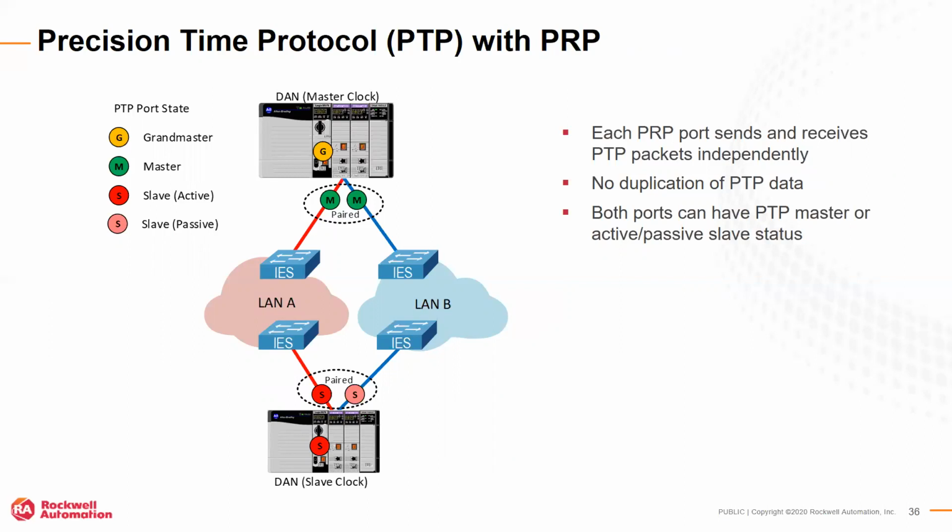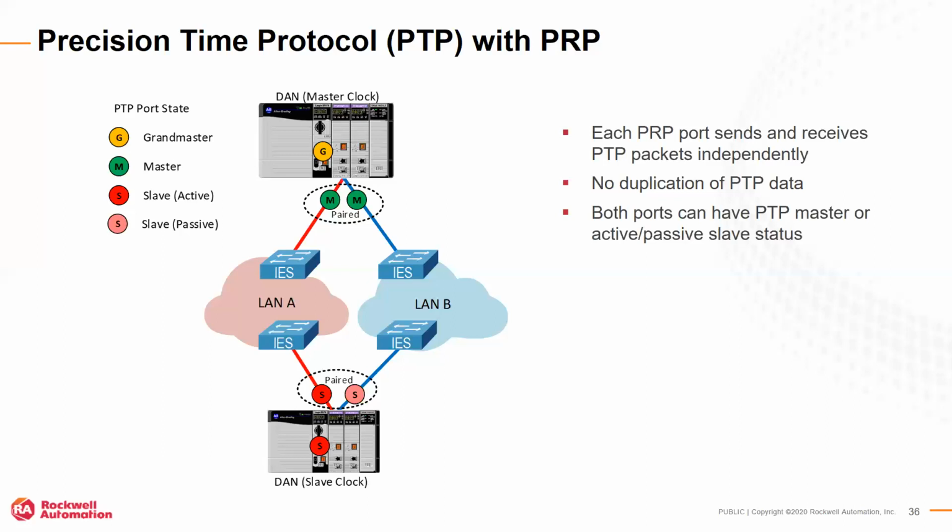So the quick answer is yes, you can communicate through a PRP network with precision time protocol, but there is a difference. Up to this point, we've been talking about PRP sending duplicate, identical packets to LAN A and LAN B. The difference with precision time protocol is it is a network with an active and a passive path.